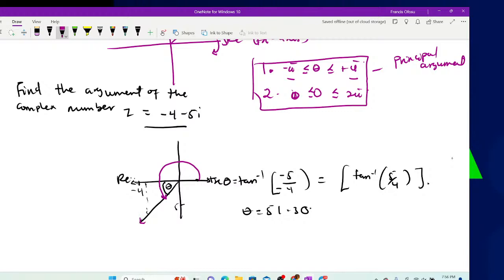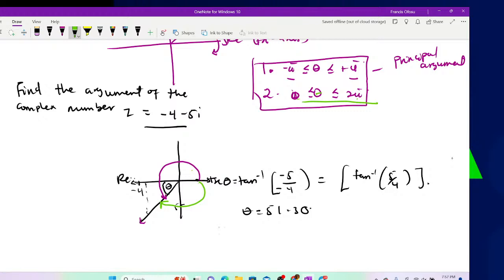But you know that to measure something from the positive x-axis, you can either take the path I choose, which is anti-clockwise, or what is technically called counterclockwise, or you can take the clockwise path. These are the two conventions I'm talking about. If you go by the convention that our theta should be greater than 0 but less than or equal to 2 pi, in this case you add this whole angle to this to get our total argument.